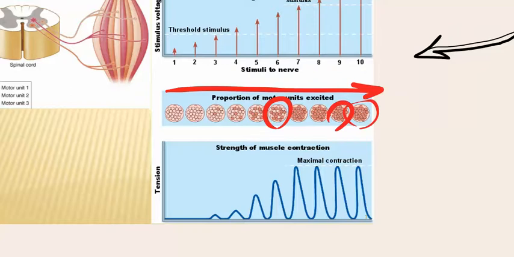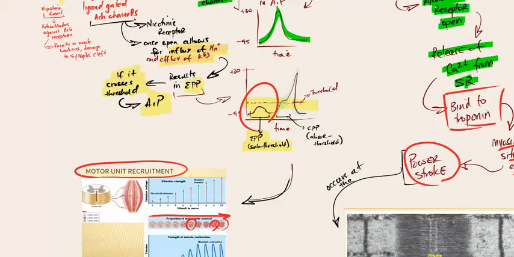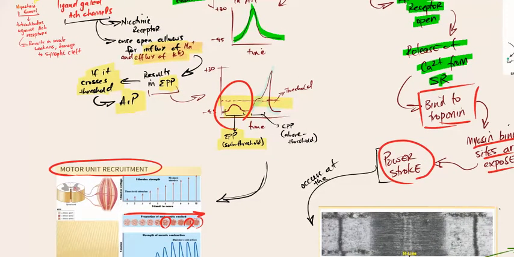So the amount of muscle fibers that are going to be contracting is going to be dependent on that end plate potential stimulus, right here. Depending on the strength of it, you can recruit more. Does that kind of make sense?